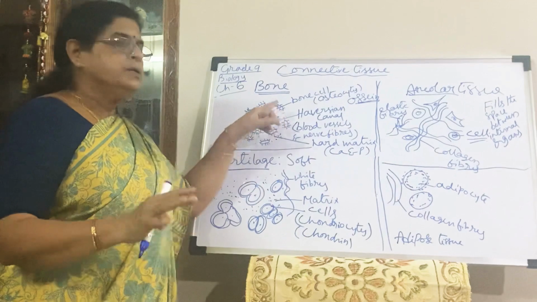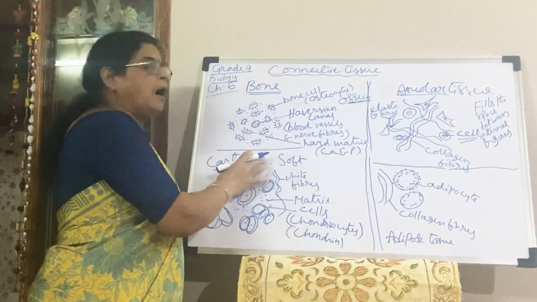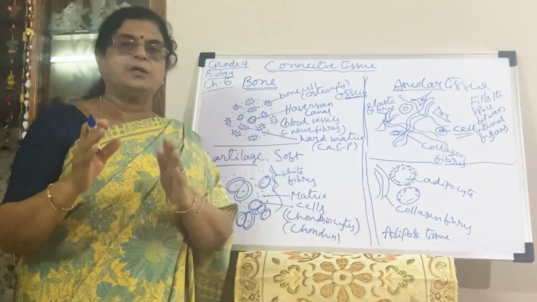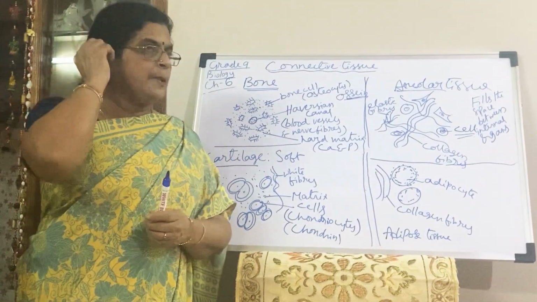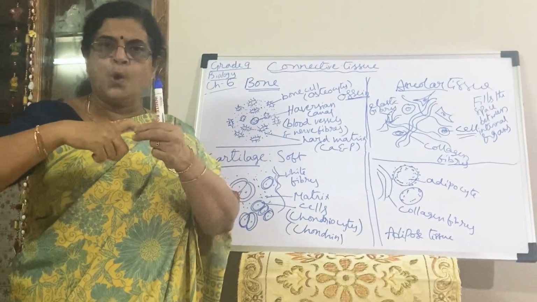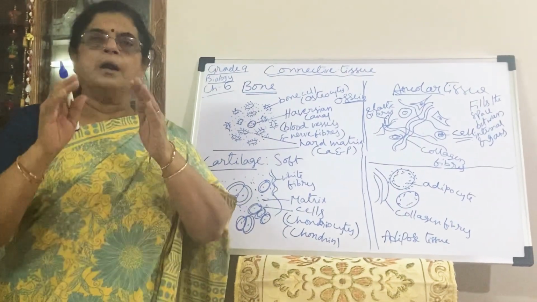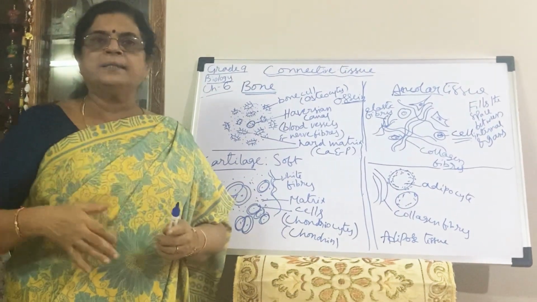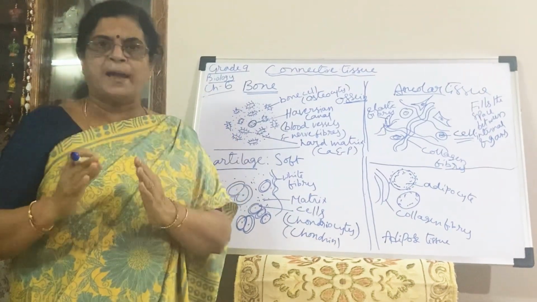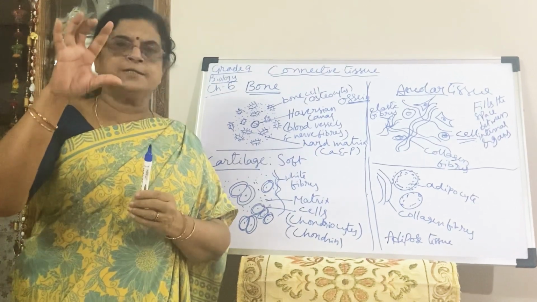Next one, a similar kind of tissue is called cartilage. So what is the main difference between the bone and the cartilage? If you see the tip of the ear, the tip of the nose and the joints of the bones, they have some soft bone called cartilage. Even inside the body, we have the trachea, that is the windpipe, made up of cartilaginous rings.